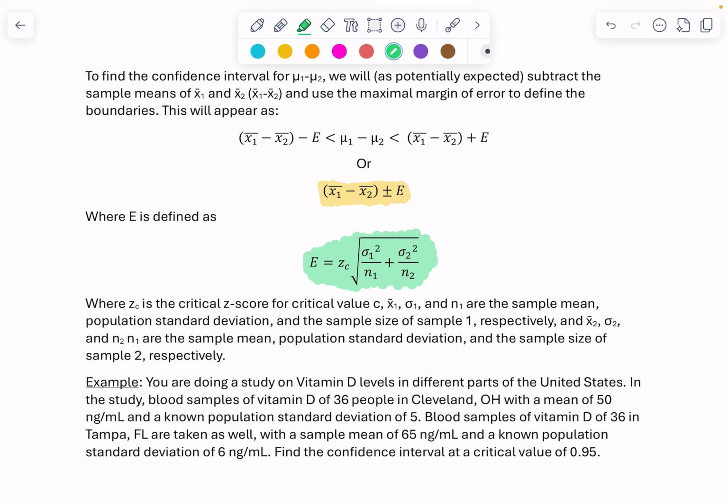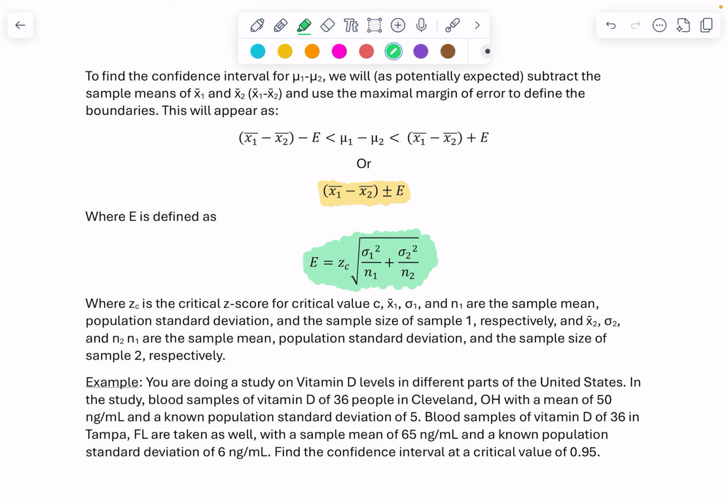And we're going to be multiplying that z critical value by the square root of the sum of our population standard deviation for the first sample squared over the sample size for the first sample, plus the squared value of our second population standard deviation divided by the second sample size as well.